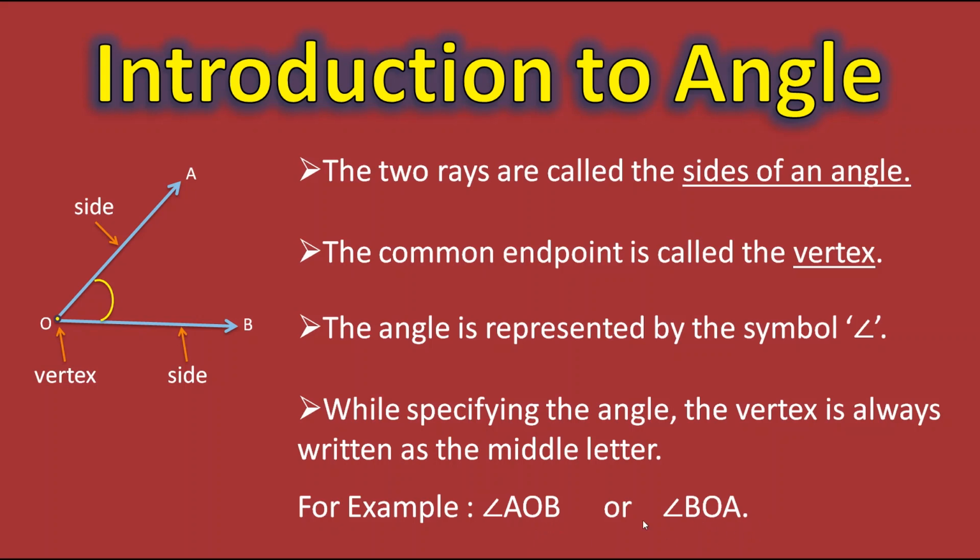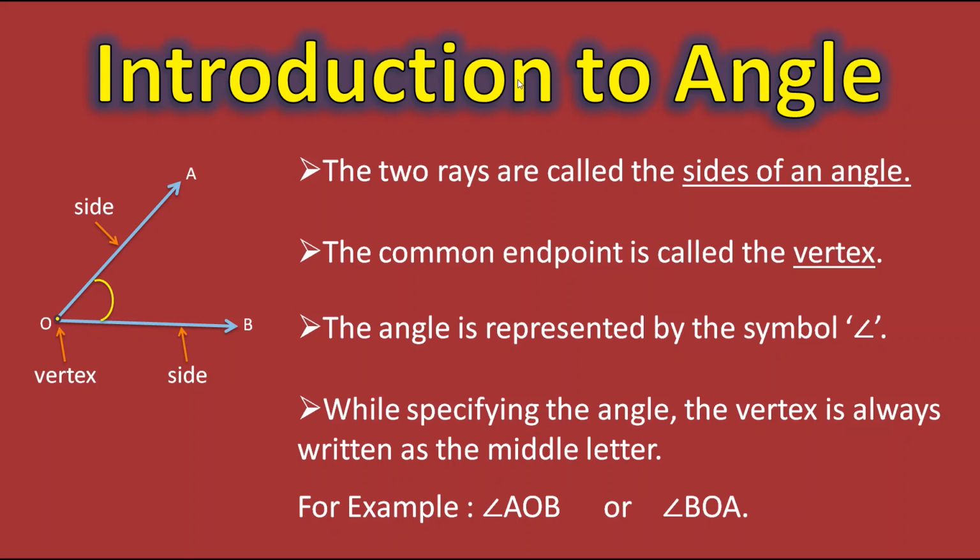It does not matter if you take B first, A next, or A first and B next, but O must be in the middle. Why? Because it is the name of the vertex. So the vertex must be in the middle and you have to write this symbol first. Okay. So this is the introduction to angle.